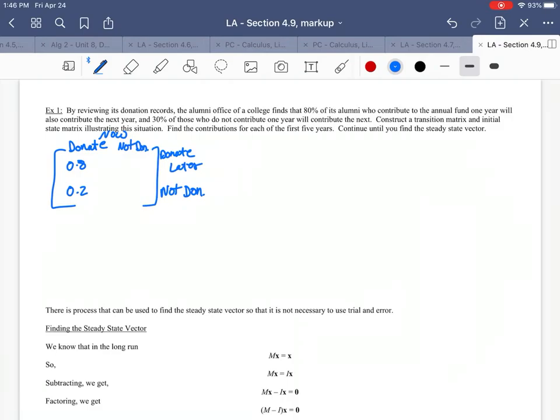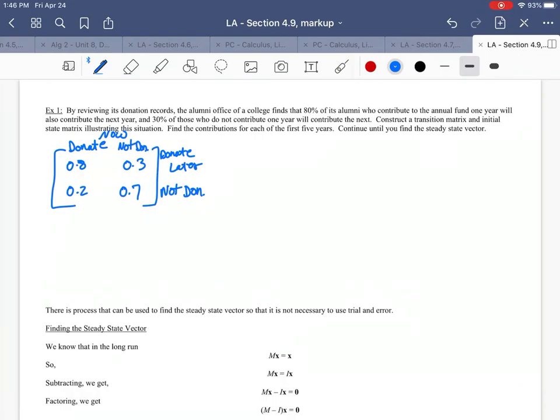So that one, 30% who do not contribute, so they will contribute the next year. So this 0.3 goes right here and then adds up to 1, so this is 0.7. All right, so I'm not going to show you all these things. You can do this on the calculator, but this matrix right here that we have is going to stay the same, and we're basically going to figure out when it's going to stay stable.